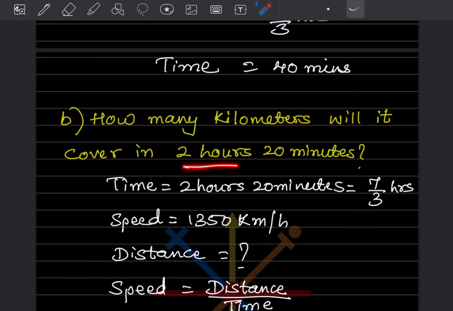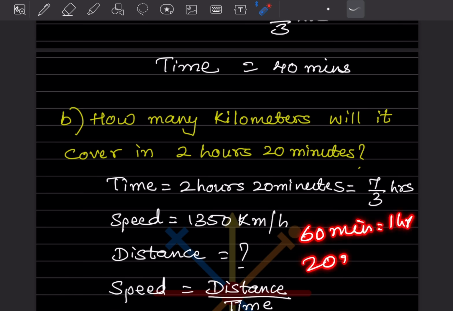So now this is in hours, but this is in minutes. So this we are going to convert to hours first. So 2 hours, let us keep this at the side. Now 20 minutes. So 60 minutes is 1 hour. So 20 minutes will be how much? We will multiply it. That will be 20 by 60. So this will be 1 by 3.